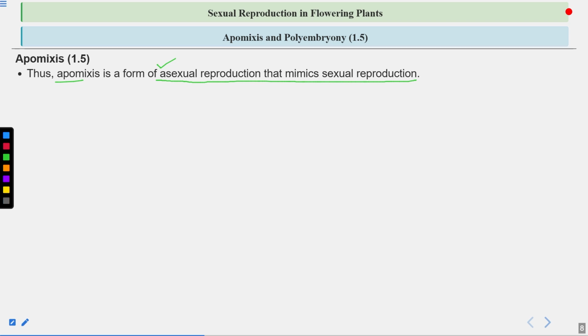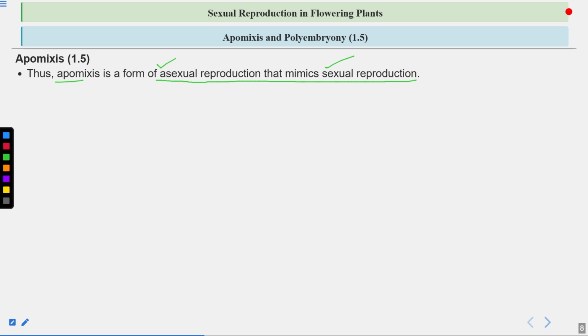And after fertilization, what happens to the ovule? This ovule changes to seed. So that is the ultimate result of sexual reproduction.